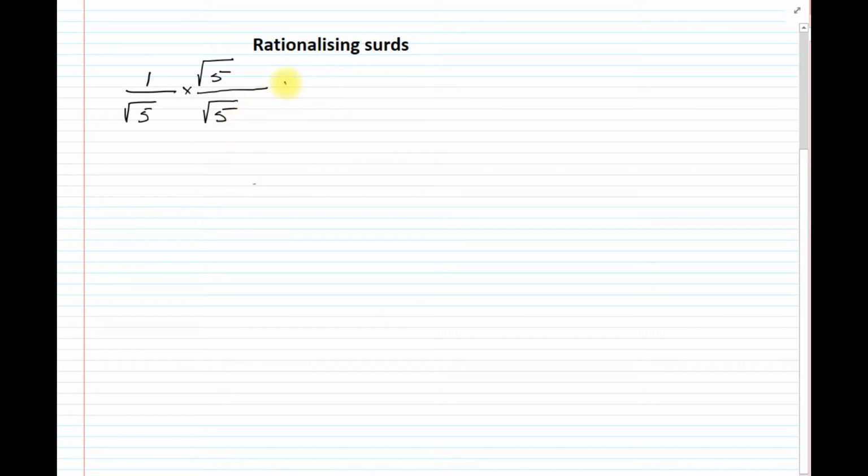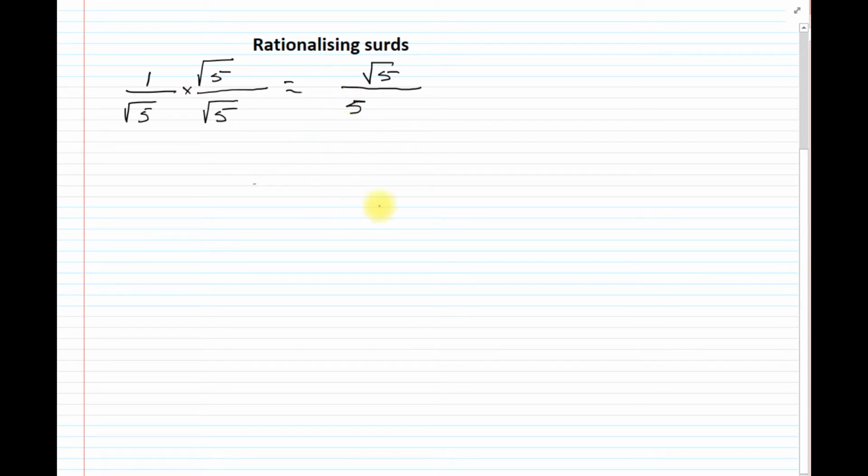So then this will be equal to 1 times square root of 5, which will be square root of 5. And the denominator would be square root of 5 times square root of 5, which is square root of 5 squared, which will be just 5. So this is the result of rationalizing 1 over square root of 5.